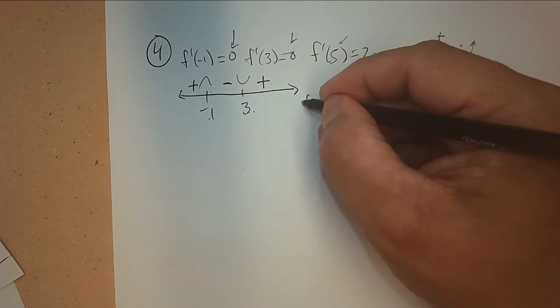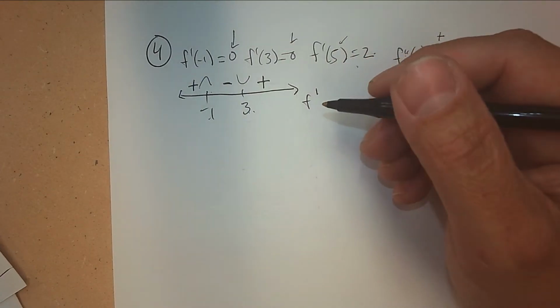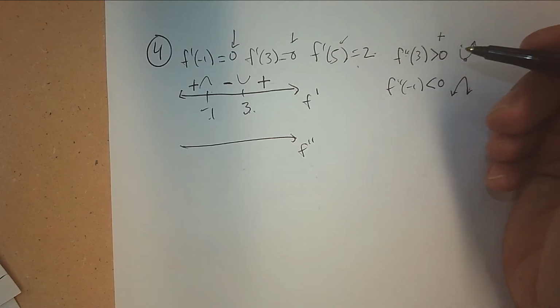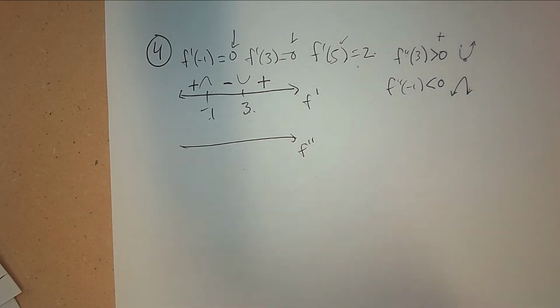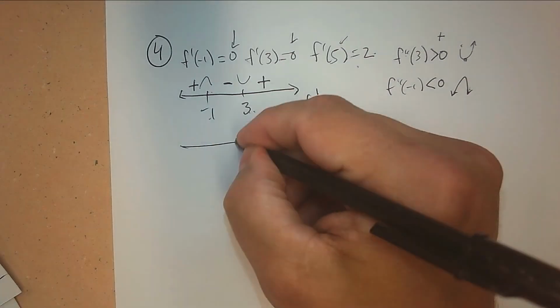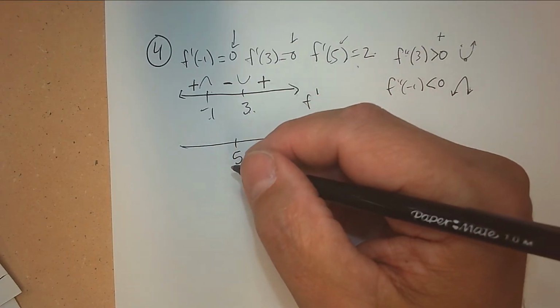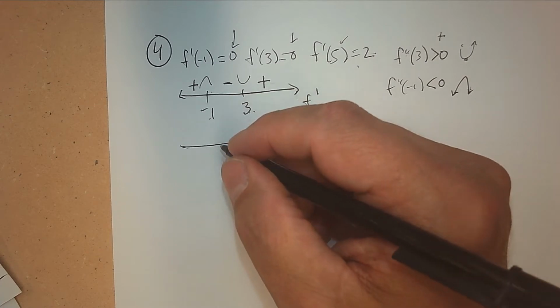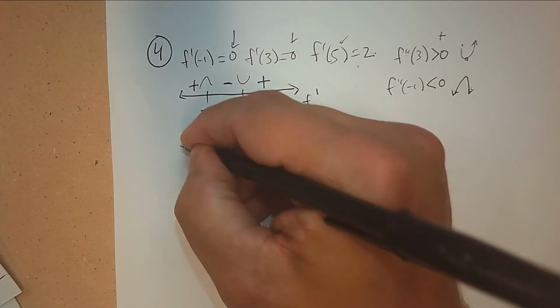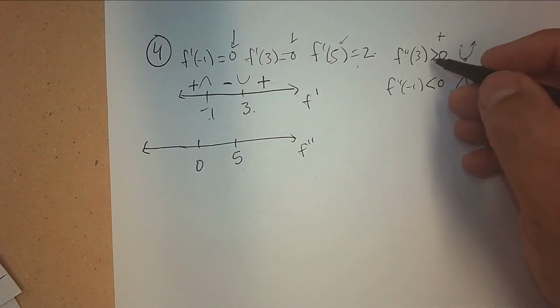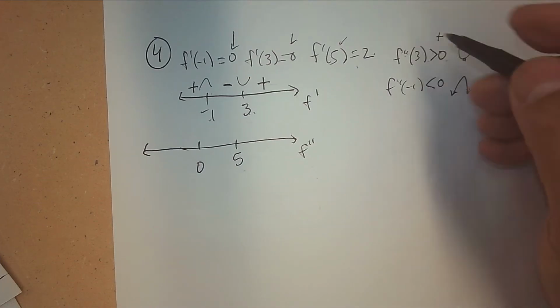So concave down, if this was concave down, then that must be positive to create concave down. So already we did a first derivative number line. The second derivative number line, where's the second derivative equal to 0? So the second derivative is equal to 0 at 5. Where else? And the second derivative at 0 is equal to 0. What do we know about the concavity? So it says at 3 it's positive.